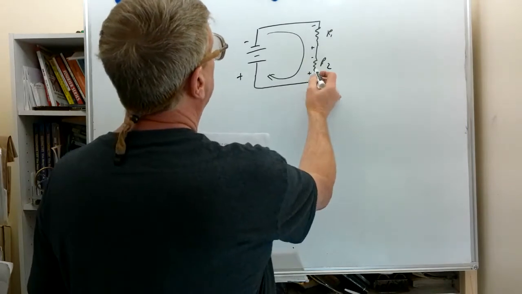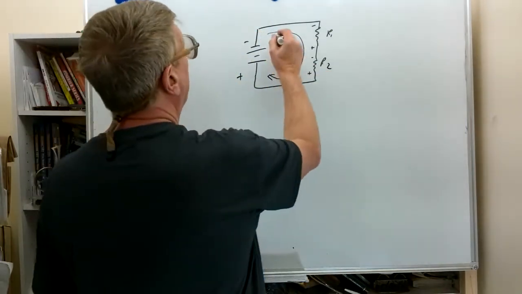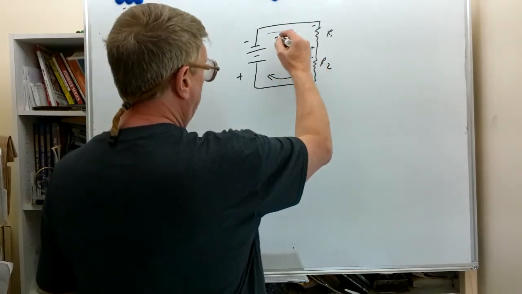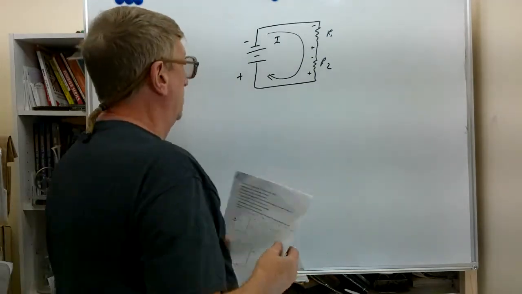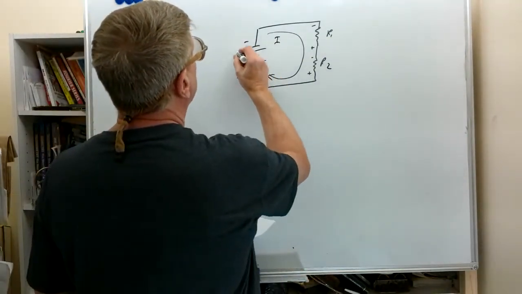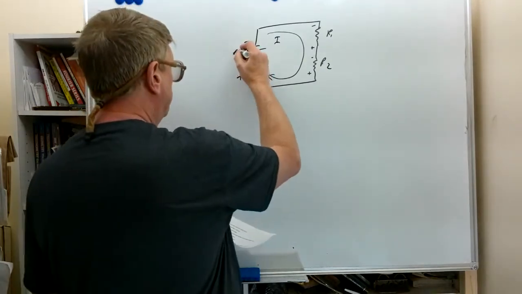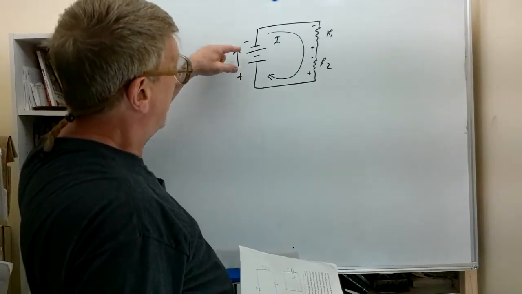What you will notice here is electron flow, and it's traveling counterclockwise through this series circuit, or we could call it a loop. You will notice that inside the voltage source, the electrons travel from the positive to negative.